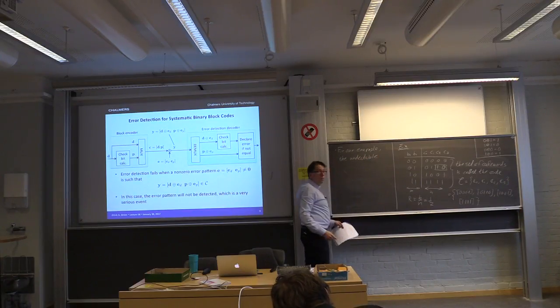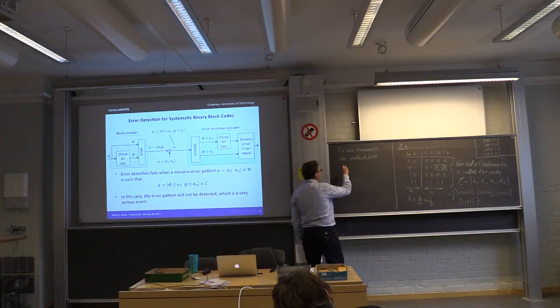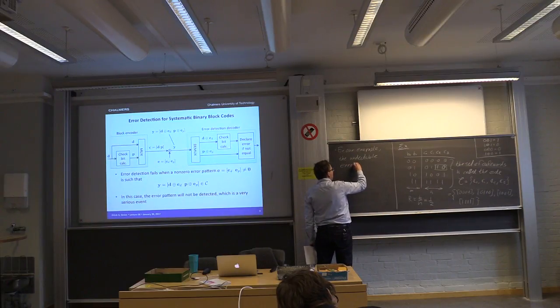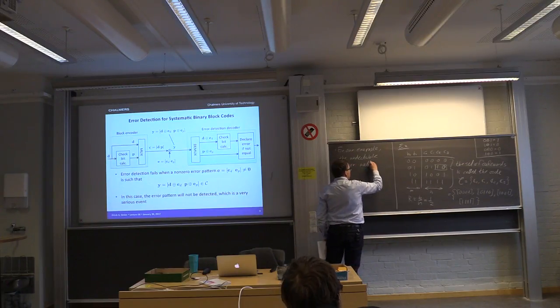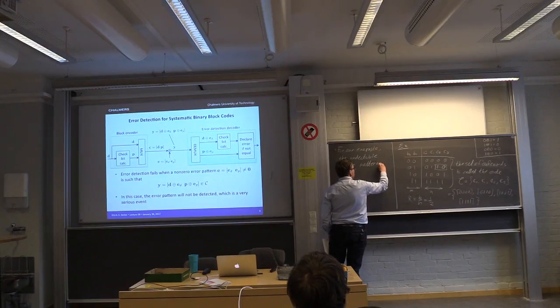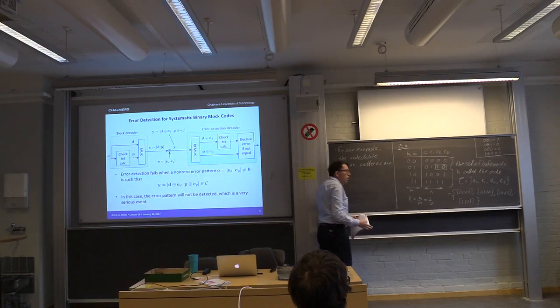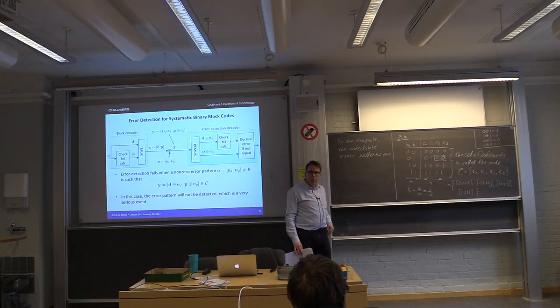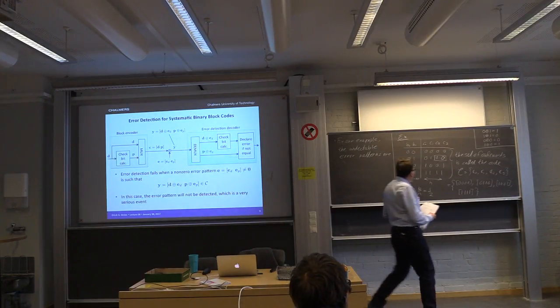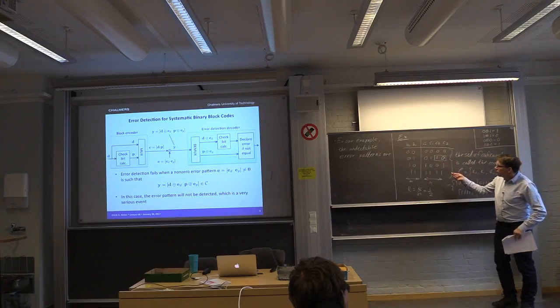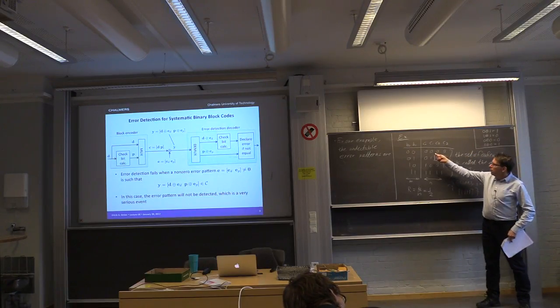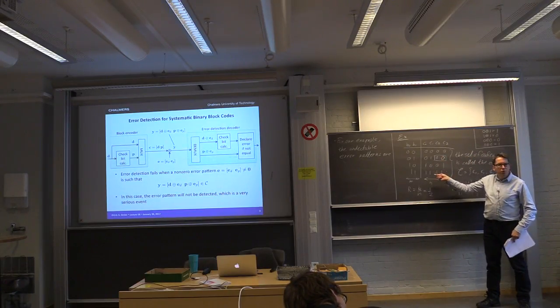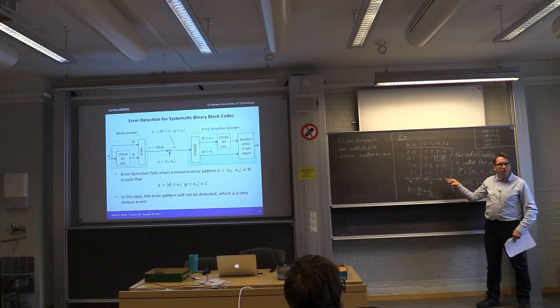So for our example, the undetectable error patterns are, and here it's actually an interesting exercise in trying to figure out what the error patterns are. If we look at this code here, if I flip just one bit position in the code word, we see that the resulting pattern is not a code word.